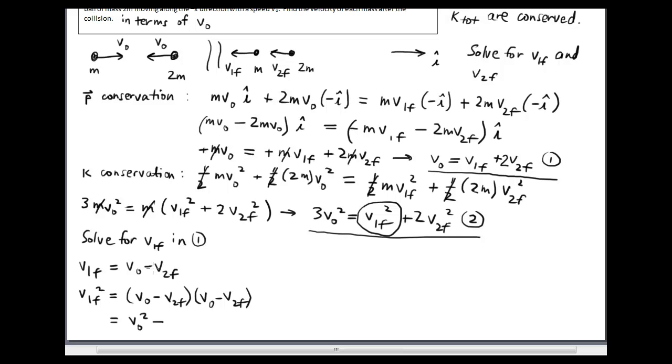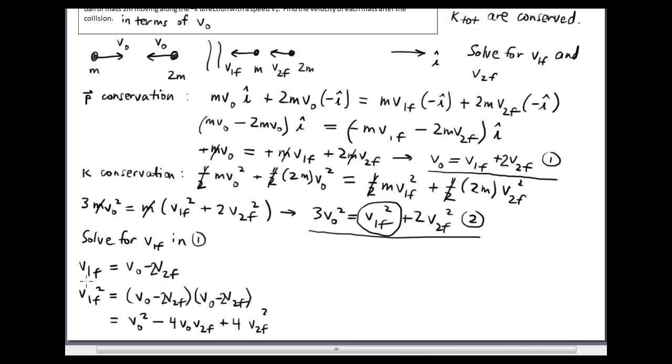But now, okay, this actually should be V1 final is V0 minus 2 V2 final. So that 2 goes in each of these places when we square V1 final. So this becomes V0 squared minus 4 V0 V2 final plus 4 V2 final squared.